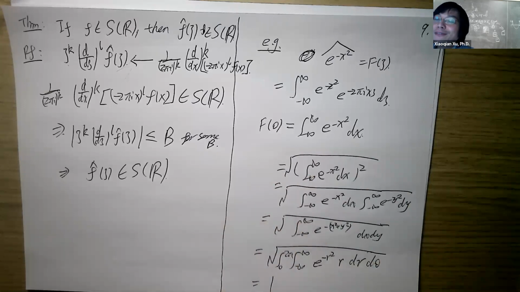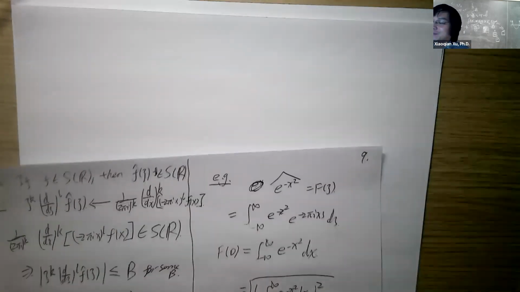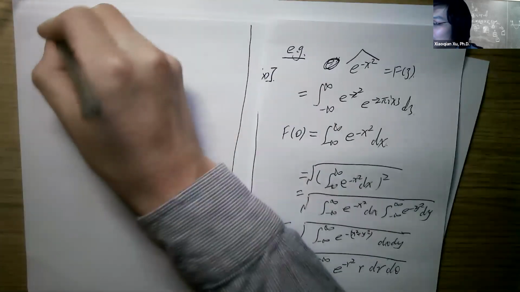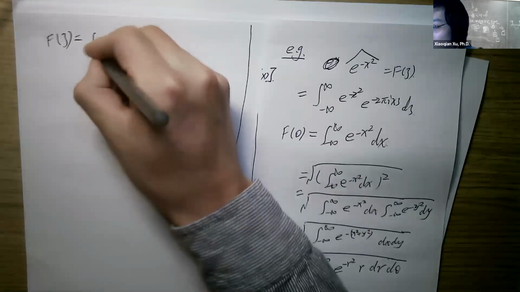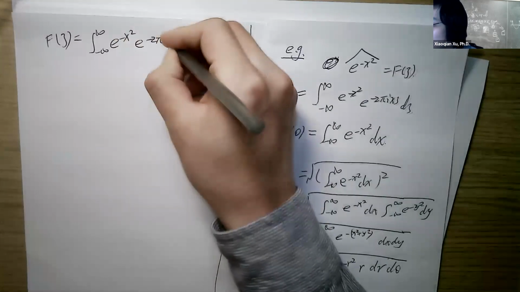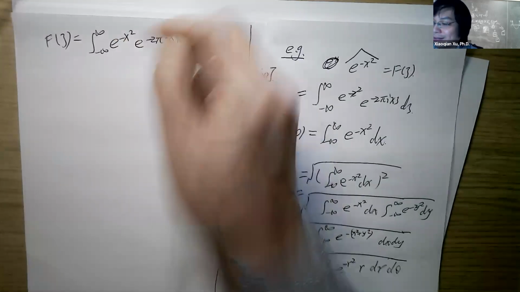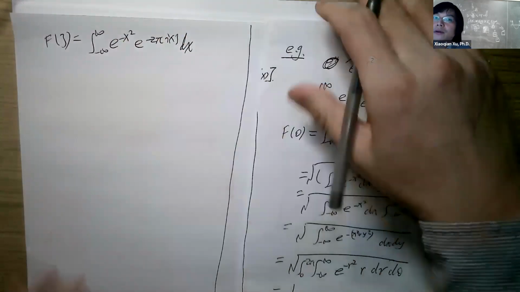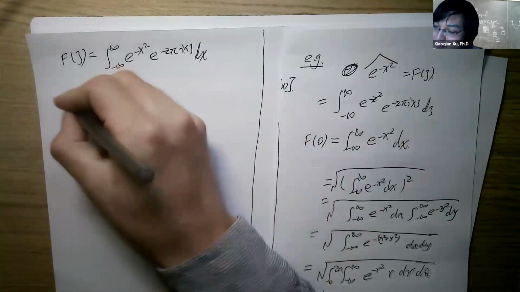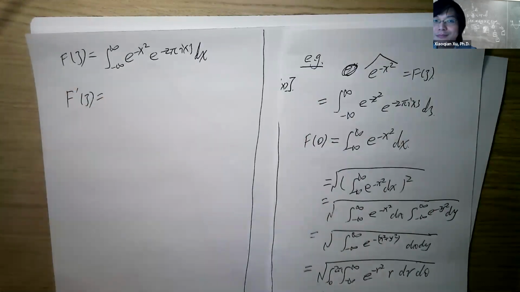So we know what F(0) is. Now what if ξ is not equal to 0? F(ξ) equals the integral from minus infinity to infinity of e^(-x^2) e^(-2πixξ) dx. In order to find that, let's try to take the derivative of it.